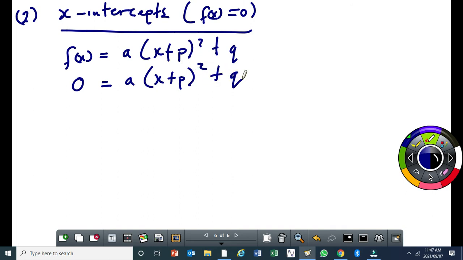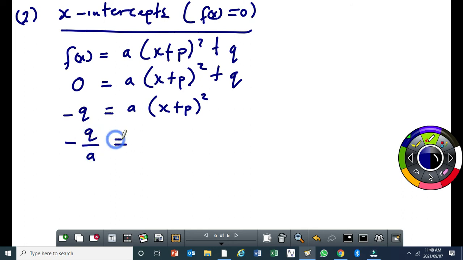The objective is to solve for x to get the two x-intercepts. So we take the q to the left, becomes minus q equal to a times x plus p squared, and then we divide both sides by a, so that's basic knowledge of equations. So you end up getting minus q over a is equal to x plus p squared.